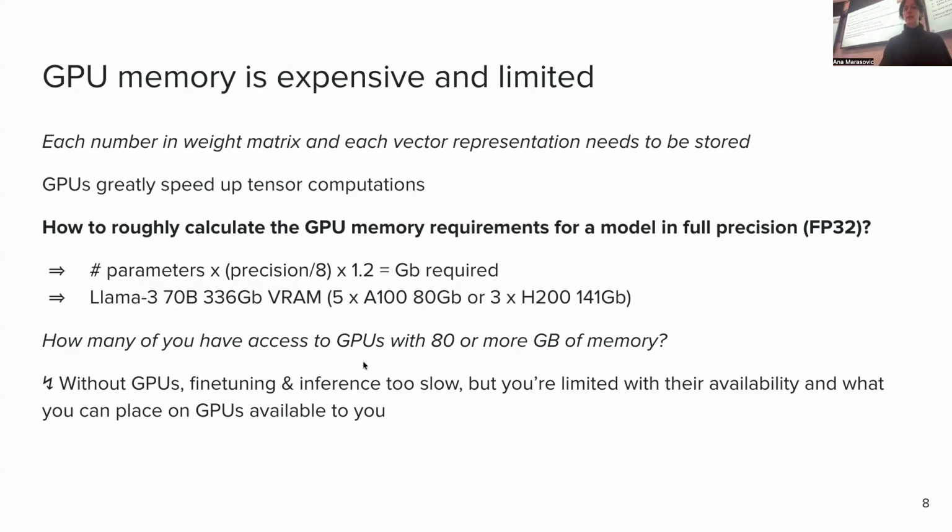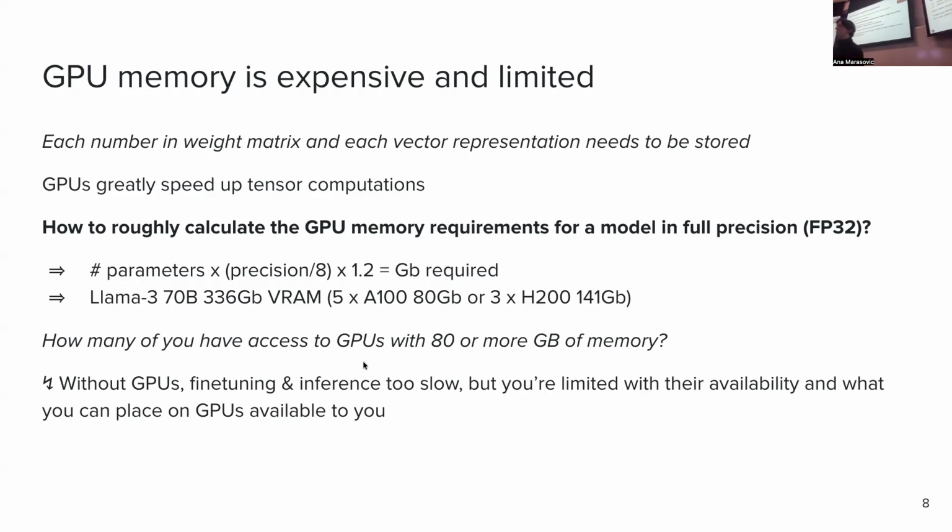Okay, so what can we do? We can't change the GPUs, right? I mean, NVIDIA is going to increase the GPU memory for sure, but at a given time you have a fixed number of GPUs and you need to work around that. So the question isn't how to change the number of GPUs. That's a different question.